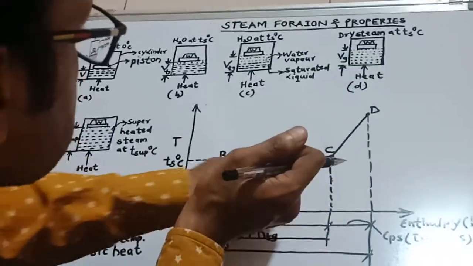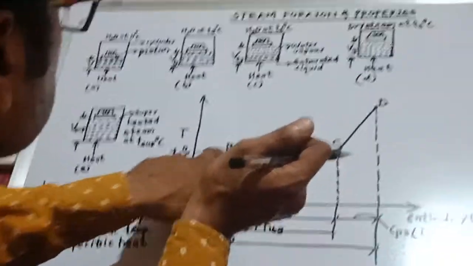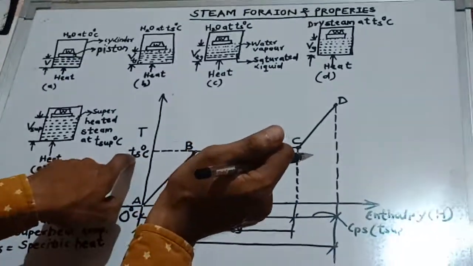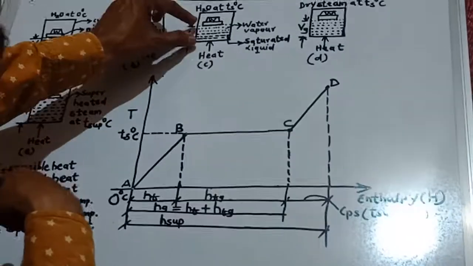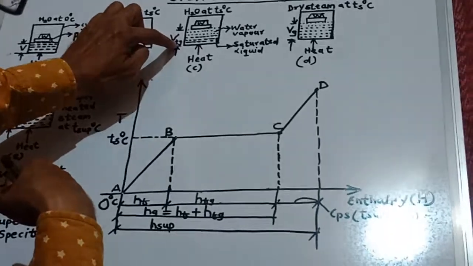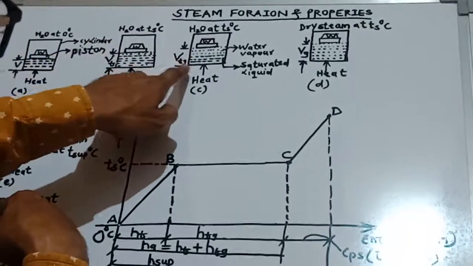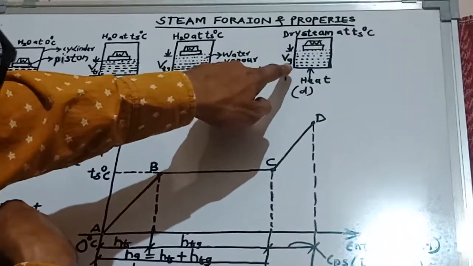The temperature is the same, Ts degrees Celsius, at both B and C. Now this is the wet steam, and its volume is Vfg. Vfg means water plus vapor. So it is wet steam, and dry steam means the volume is Vg.